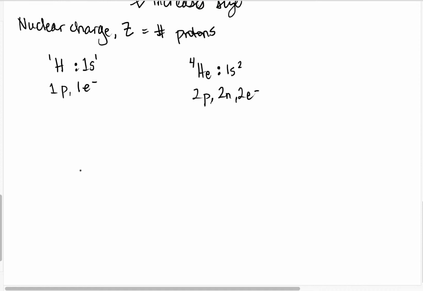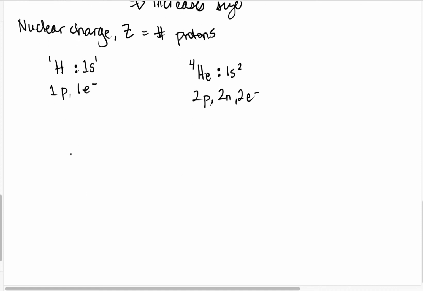And so if we think about what's going on in this atom, I have a nucleus that has a +1 charge, and then I have an electron in its cloud, and it's going to be feeling a certain amount of electrostatic attraction here, right? And we know that the attraction is based on the fact that we have one electron interacting with one proton. And so we have a Coulombic attraction that's +1, -1, and they pull on each other.